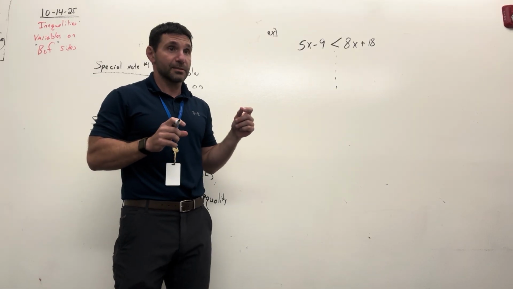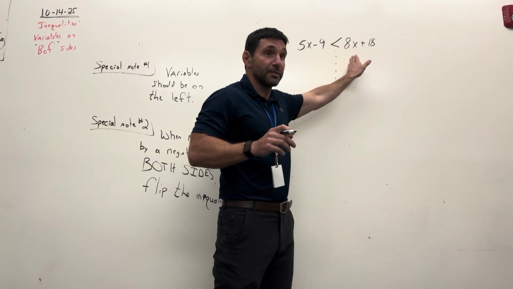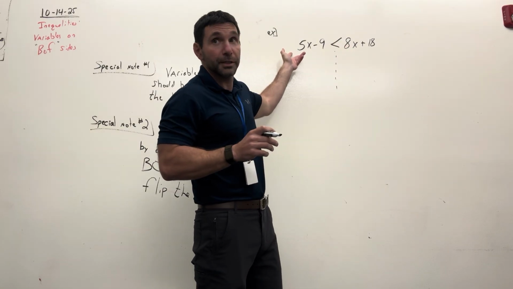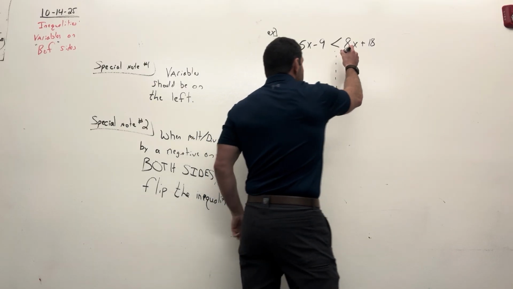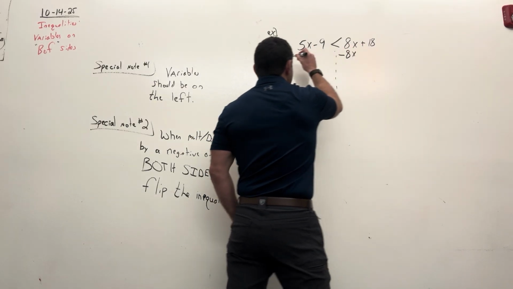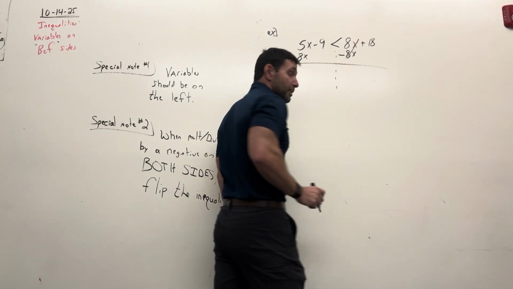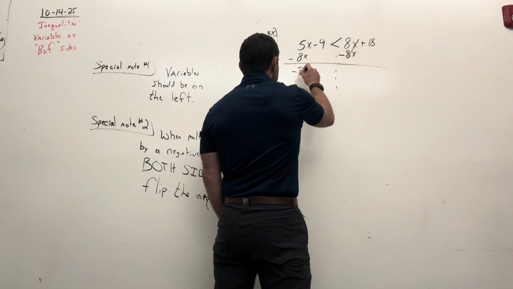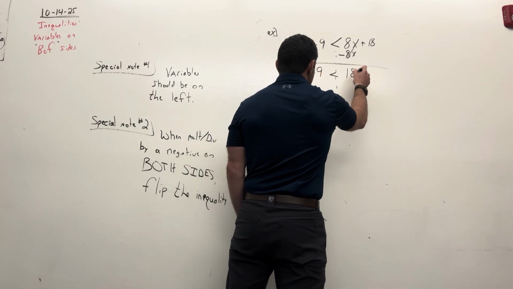I want everything on the left side, so I need to move this positive 8x over here. So we subtract the 8x on both sides. 8 minus 8 is 0, that's the additive inverse. That leaves me negative 3x minus 9 is less than positive 18.